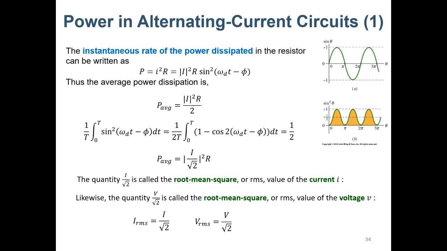The instantaneous power dissipation in the resistor can be written like this: P equals I squared R. This expression is always correct, no matter whether it is a DC or AC source. But here we have an AC circuit, so it will be I squared R times this term.